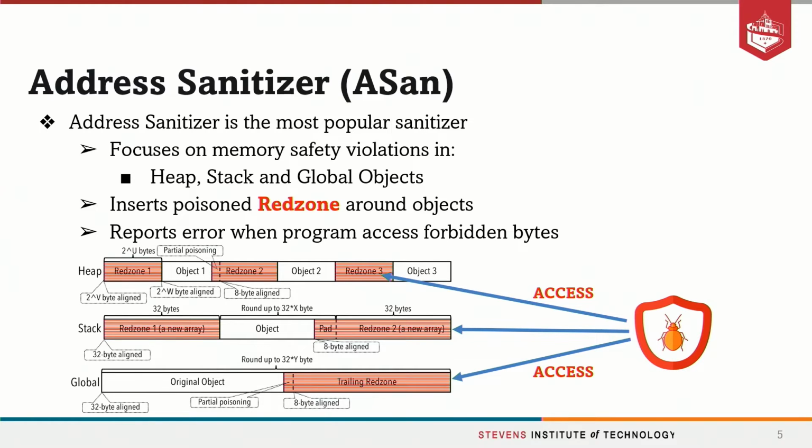From the graph, we can see that each heap, stack, or global object is surrounded by red zones. If the program tries to access those red zones at runtime, ASan will abort the execution and report an error with a detailed bug report.